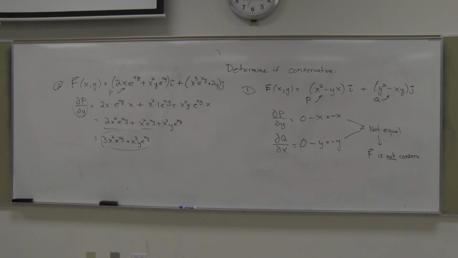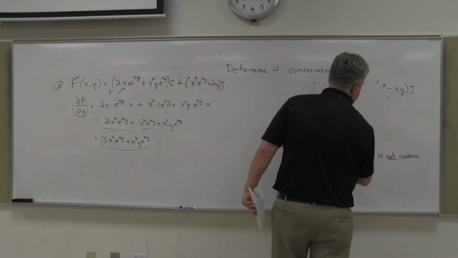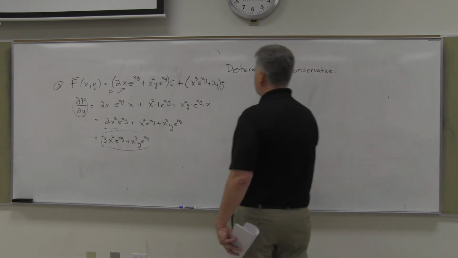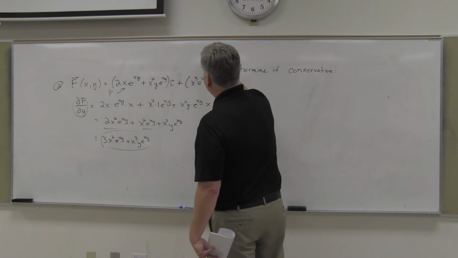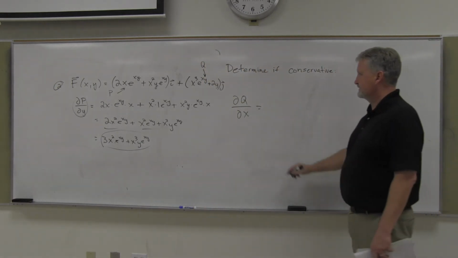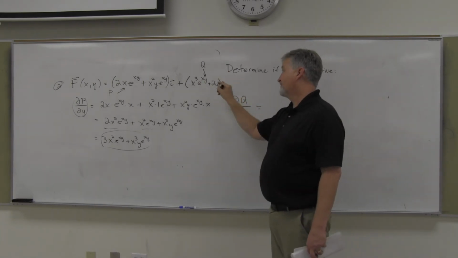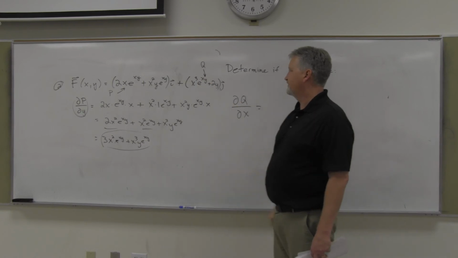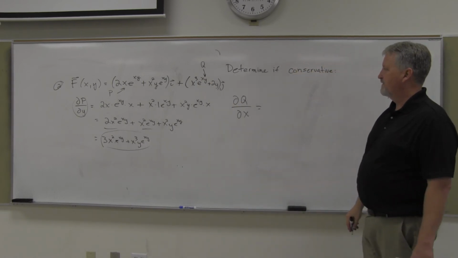To be conservative, the partial of Q with respect to x should be the same. Let's see. So here's Q. What's its partial with respect to x? The second one's easy, but the first one we've got the product rule, because we're differentiating with respect to x.